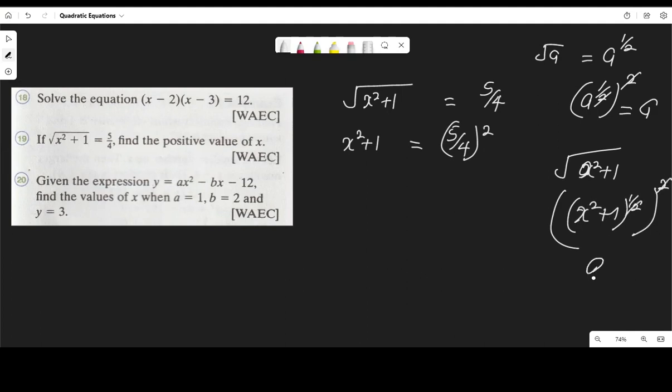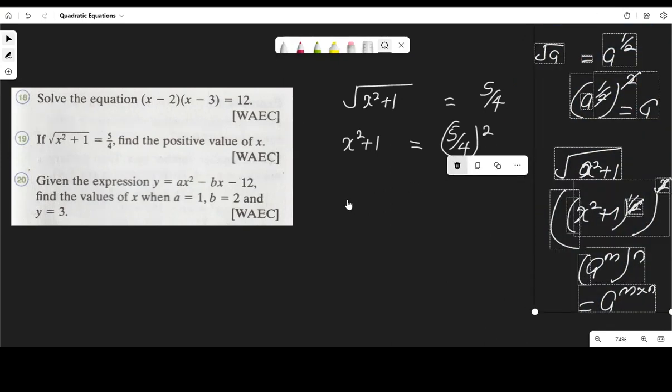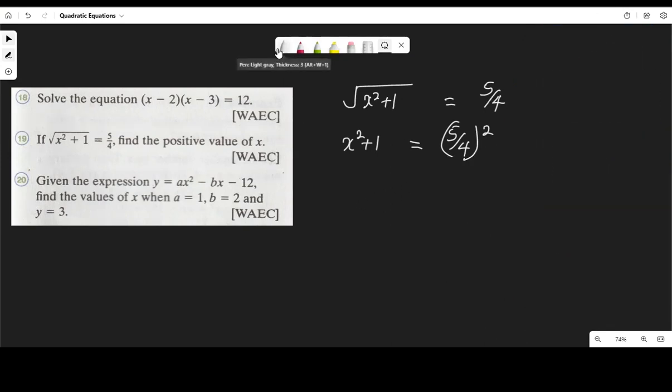We apply the law of indices that says a to the power of m, to the power of n, is a to the power of m times n. So this half multiplied by 2 means the 2 can cancel out. The point is, when you want to remove a square root sign from an expression, you take the square of it. That is the point I'm trying to make with all the long stories.